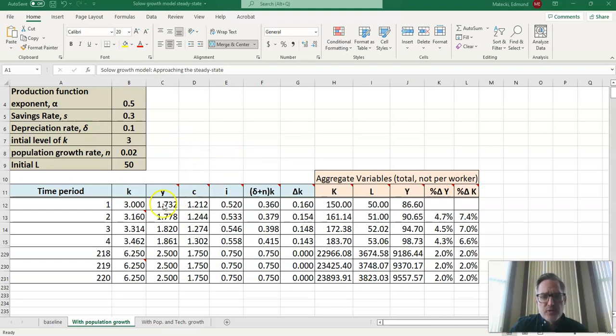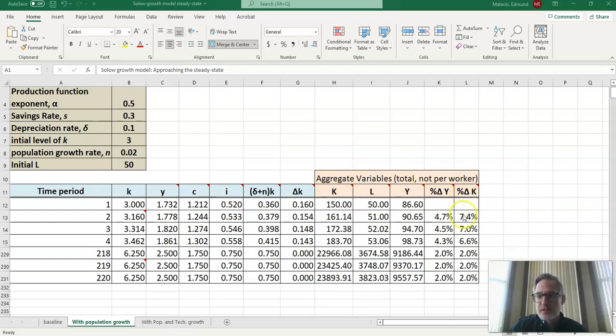So we can do a couple of experiments here to see what's going to happen. But before we do that, I'd just like to point out that even in steady state, the aggregate capital stock, not capital per worker, is in fact growing every time period. And if we look in column L here, I've calculated the percent change. So this is just looking at the percent change of this column here.